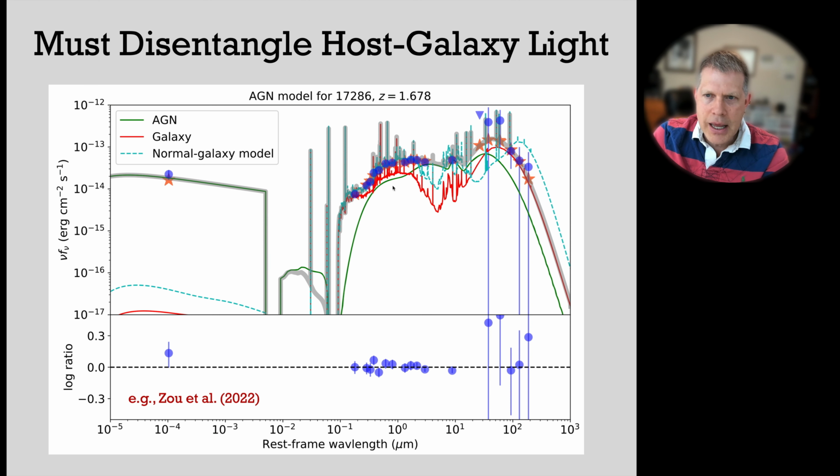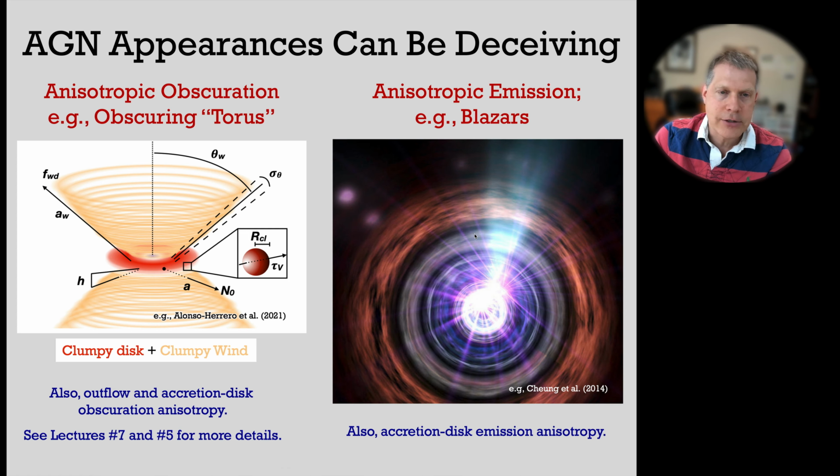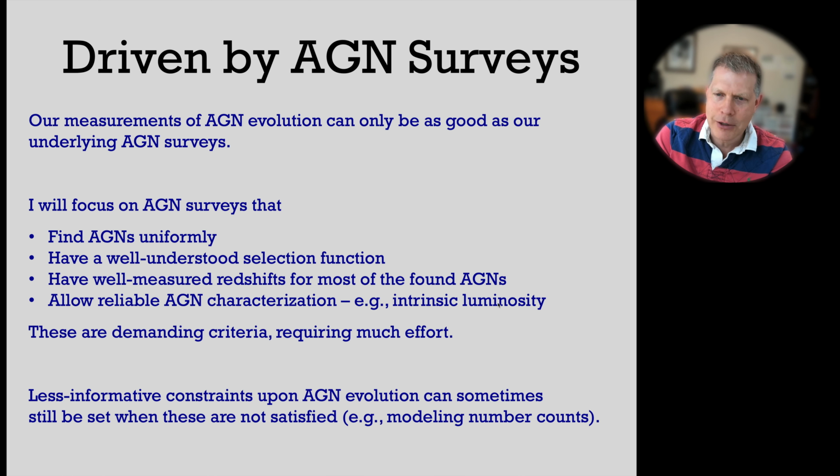And by fitting models for an AGN spectral energy distribution and the underlying host galaxy spectral energy distribution, you can hopefully unwind the contamination by the host galaxy to get at the true AGN intrinsic power. So that's another way that measurements of intrinsic luminosity can be very challenging. And again, I'm going to be focusing on surveys where that type of very challenging work has been done.